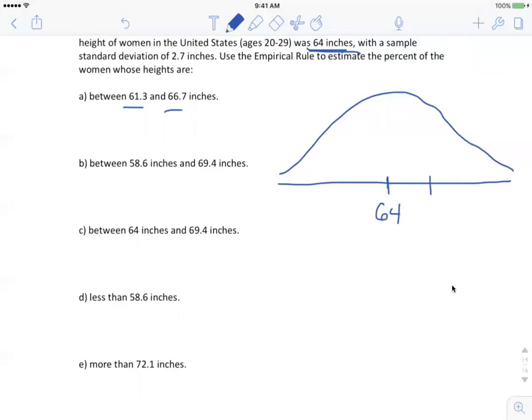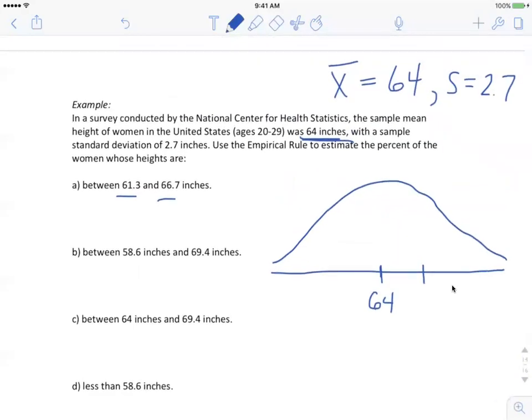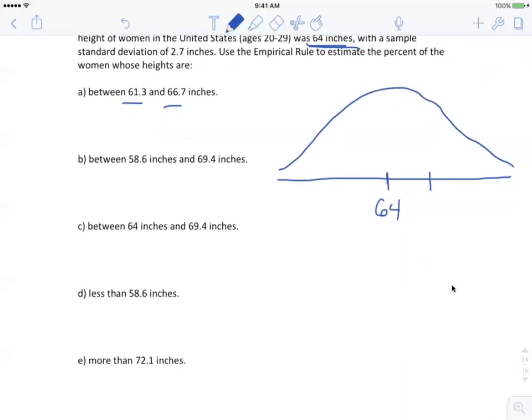That's an addition problem. 64 plus 2.7. So that's 66.7. That's one standard deviation above the mean. Two standard deviations above the mean would be adding 2.7 again. That would be 69.9.